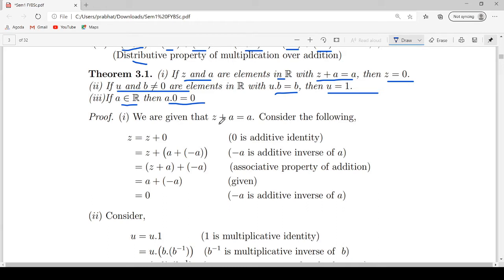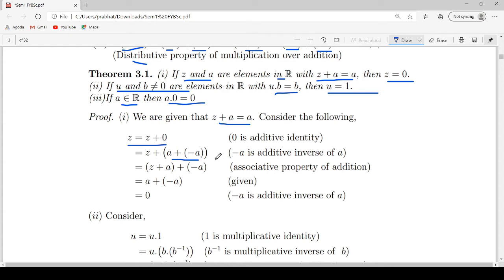First, we have Z plus A is equal to A in the first statement. Now you consider Z. Z I can write as Z plus 0 because 0 is additive identity. So any element plus 0 is equal to that element only. Now 0 can be written as A plus minus of A because minus of A is additive inverse of A, and by definition of additive inverse, A plus minus A should be 0.